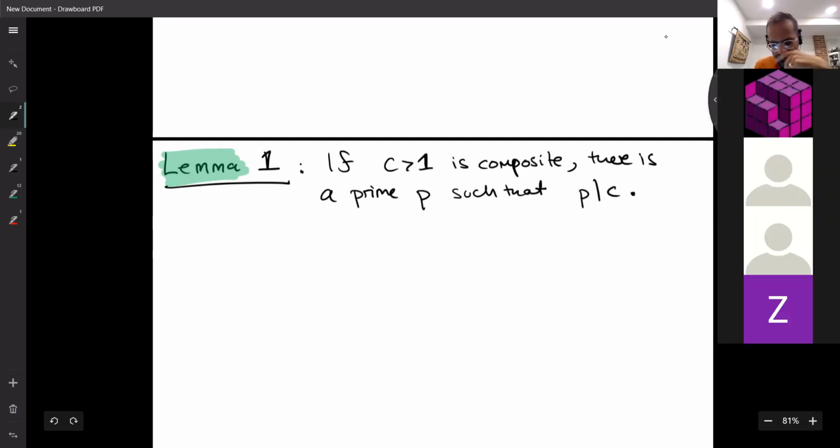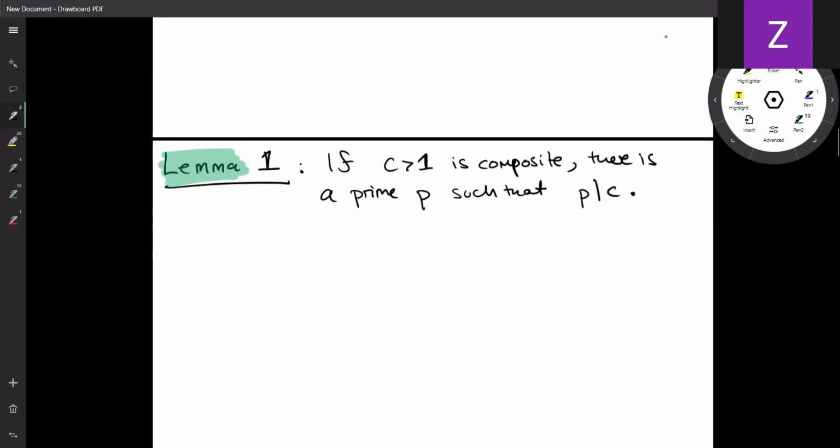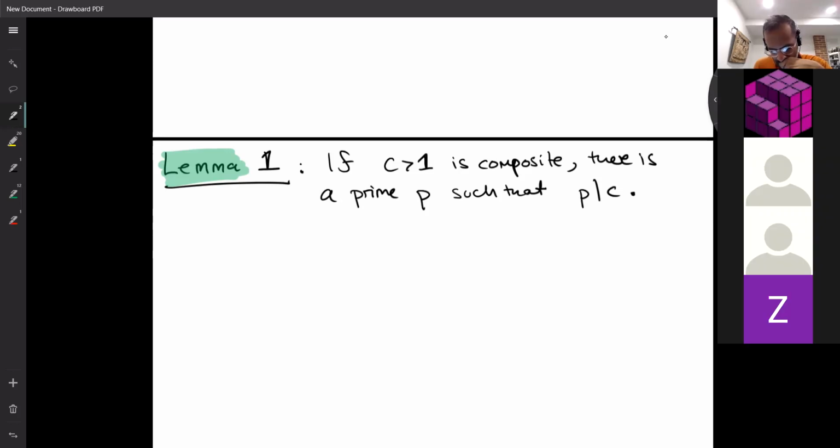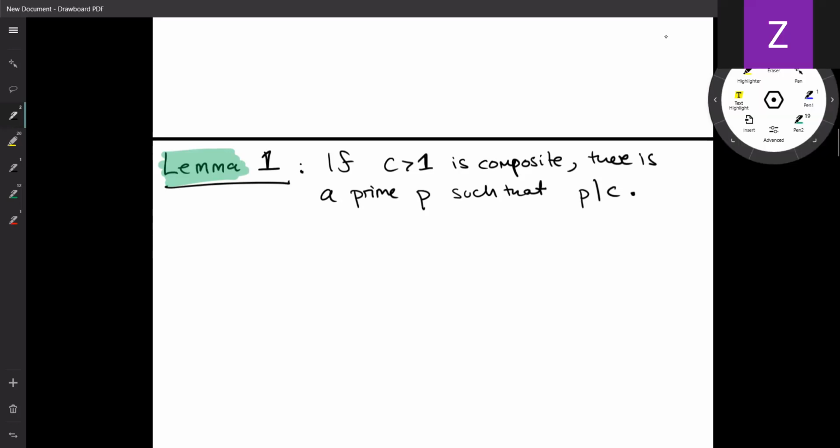You basically apply the algorithm again, and keep doing this as you get smaller and smaller until you get down to the case of 2, and then you say that 2 is prime, and then work your way back up, or 3 or some number. Okay, yeah, you're on the right track. You're saying, just keep dividing C by numbers until you get to one that's prime. What you have to show is that at some point you will get to one that's prime. That's the part that's a little tricky to formalize, but you're on the right track. So let me tell you the proof, which does go this way.